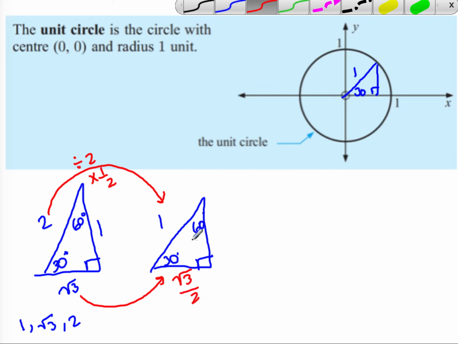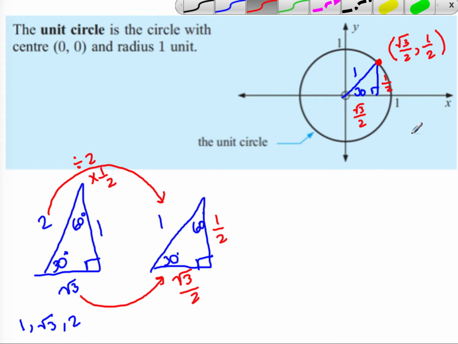Multiply 1 by 1/2 and I get 1/2. So that means the length here is root 3 over 2 and the height of my triangle being 1 over 2. So this coordinate point, we did this before, is just our xy ordered pair. So it's root 3 over 2 comma 1/2.